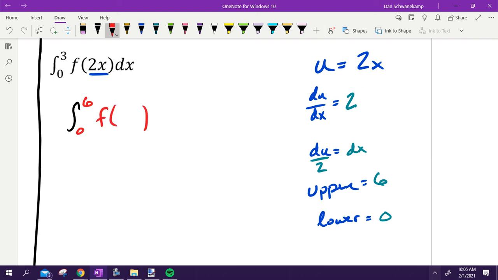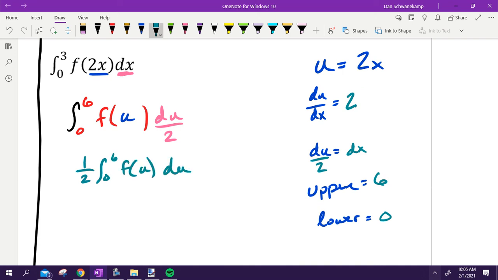F is still there. But it's not going to be f of 2x anymore. Now it's going to be f of u. Instead of dx, we can substitute in what dx is. Du over 2. Do I have any constants? 1/2, so I can pull it out in front.